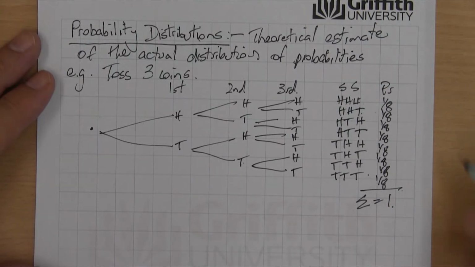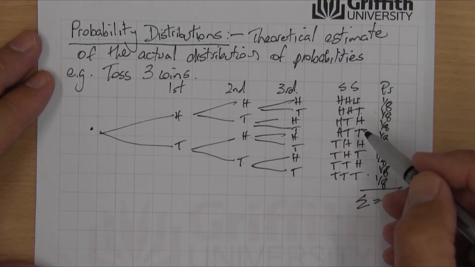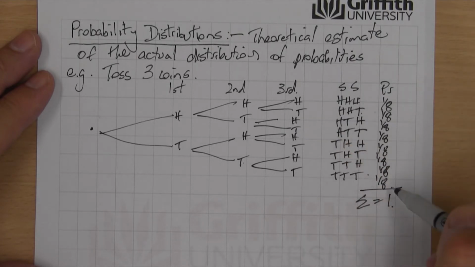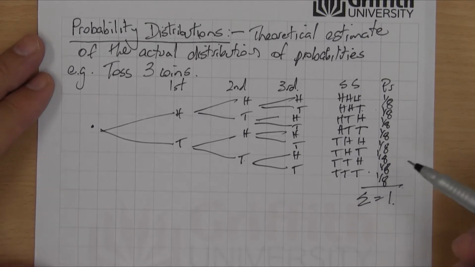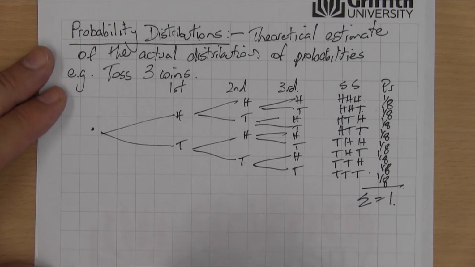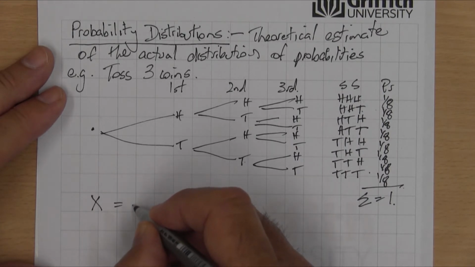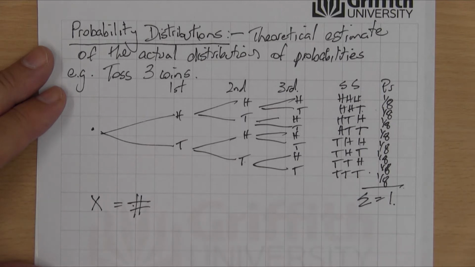Okay, so that's the tree diagram, so you know that each of these has a probability of 1/8. Now, if we were interested in the number of heads, so X is the number of heads, that's our shorthand for number of.